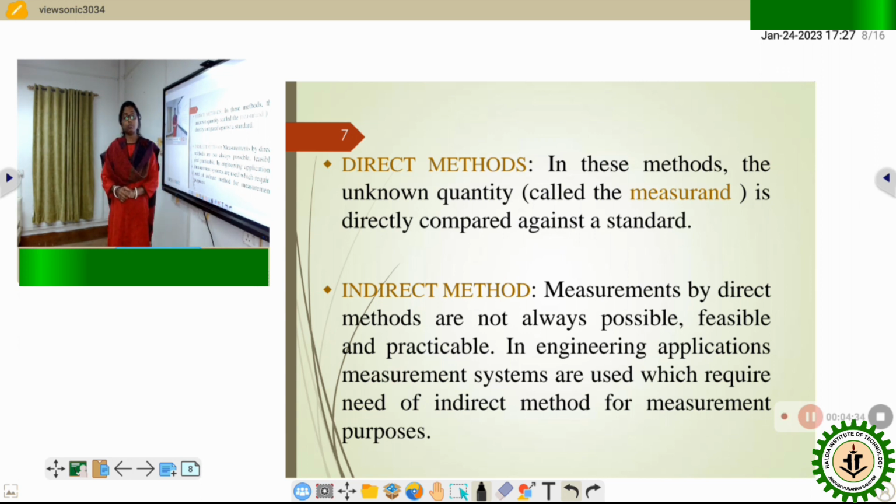We can measure the voltage and the current, and then determine the value of the resistance using Ohm's law, that is R equals V by I. So measuring a resistance comes under the indirect method, whereas measurement of current and voltage comes under the direct method.